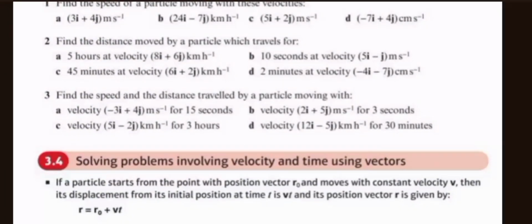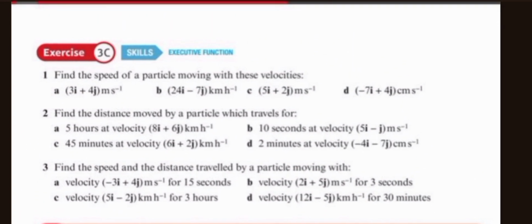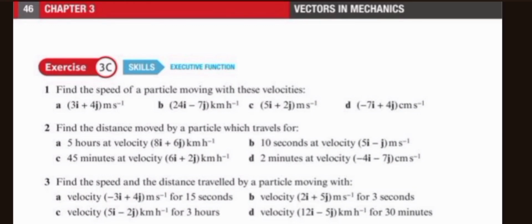So let's look at number 3. Find the speed and the distance traveled by a particle moving with the following. So let's do number D from here. So let's find its velocity. Magnitude of velocity gives speed.